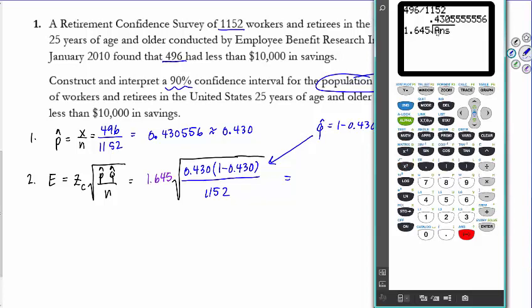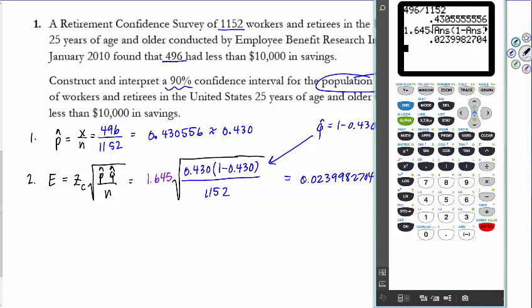By using the second minus key, I get all that answer, times 1 minus that answer, and divide all of that by 1152. All of it's under the square root, and having the calculator do the hard part saves me from having to write it all down, but it also minimizes any rounding error. For a margin of error now I have 0.023998270. Of course all those decimal places aren't necessary, but I want you to know how accurate we can be.